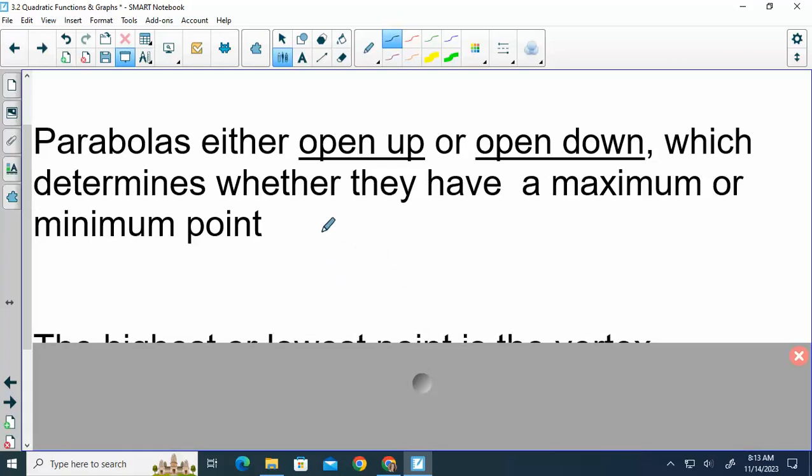If it's opening up, is this a max or a min? So if it opens up, it has a lowest point. If it opens down, it has the highest point.